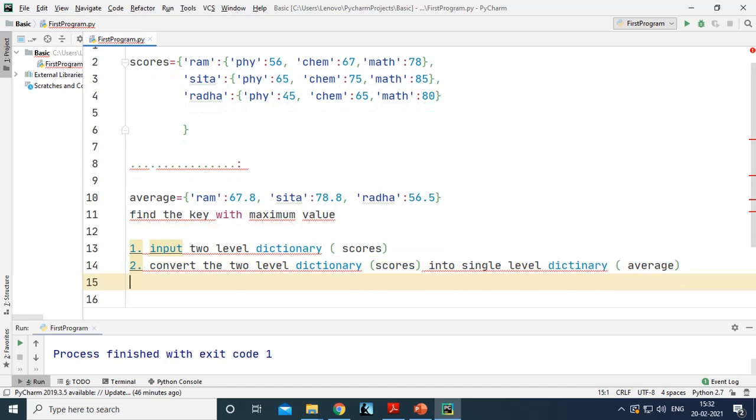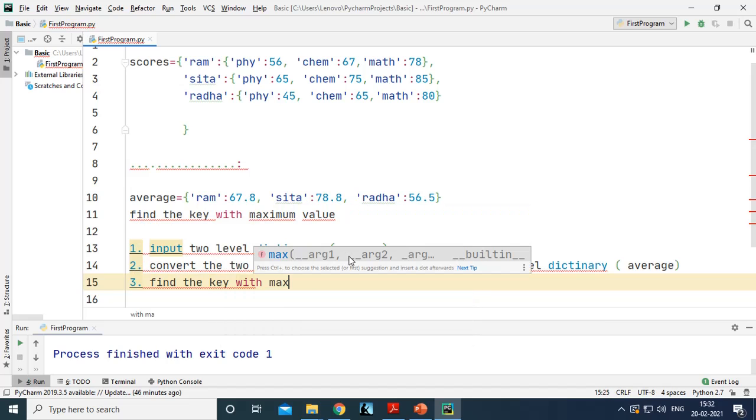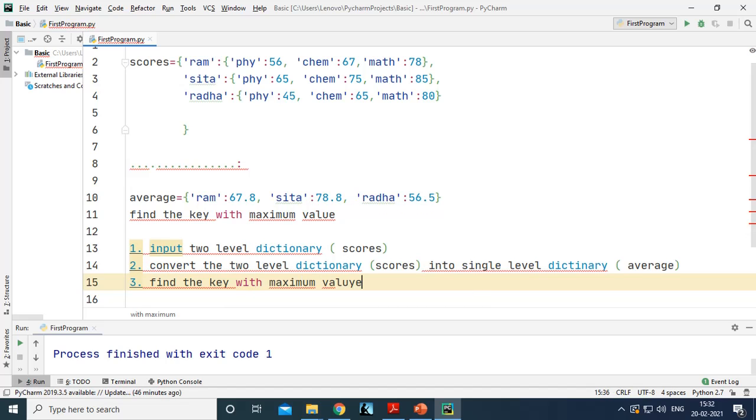Convert this and then find the key with the maximum value in average. You have to find that in the dictionary average, and that will be your final output.